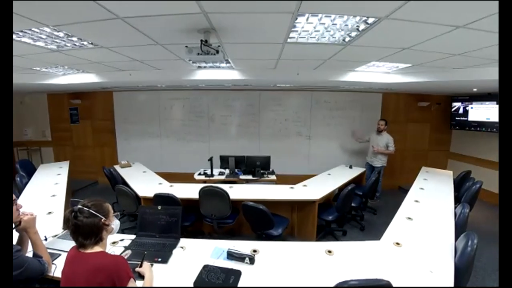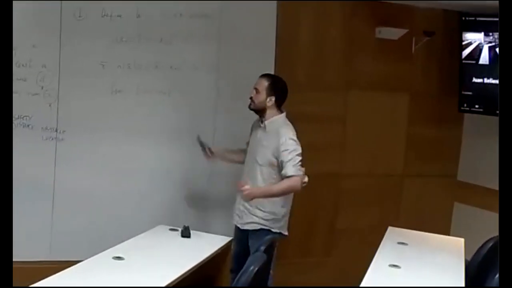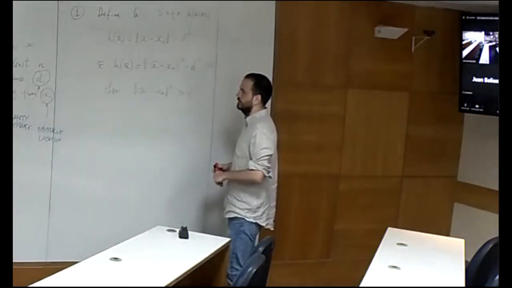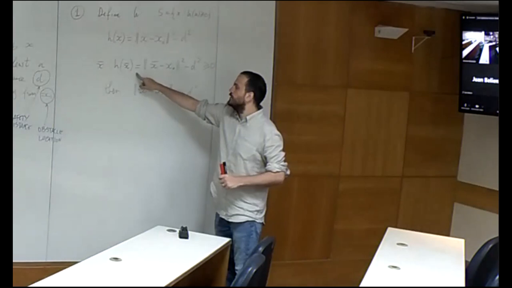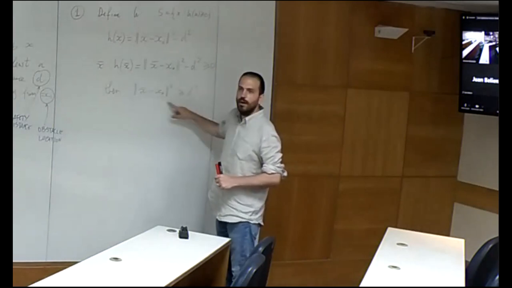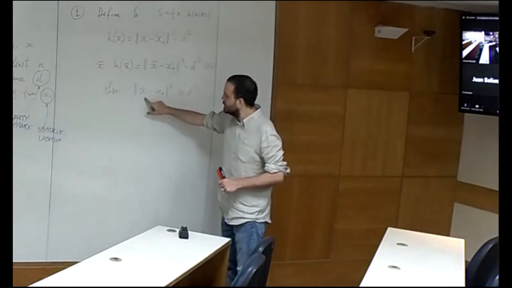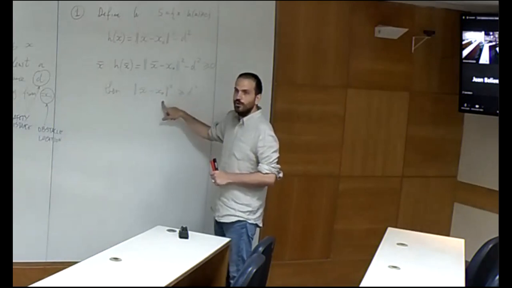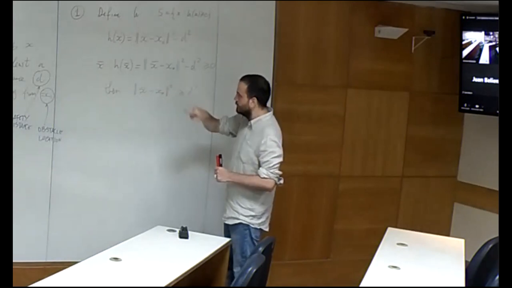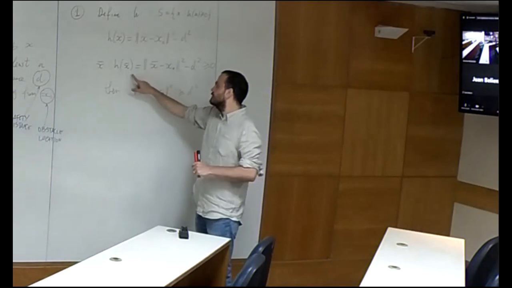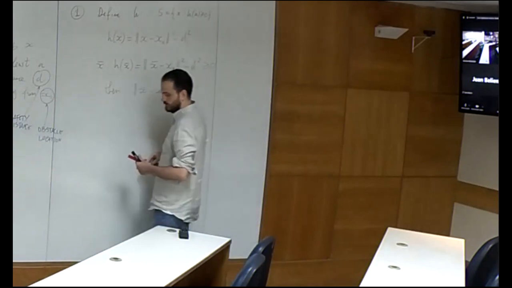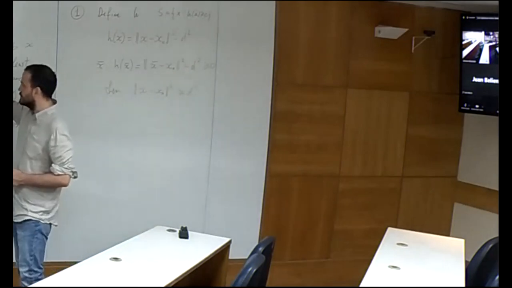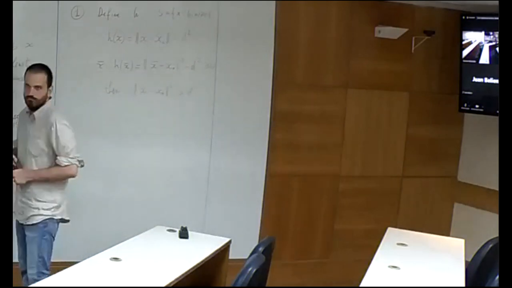So we are in the safe region, at least d away. If h is 0, then we are on the boundary of the obstacle region, at the distance d from the obstacle. If h is negative, then the distance from the obstacle is less than d, so we are in the complement of the set S, inside the obstacle region.